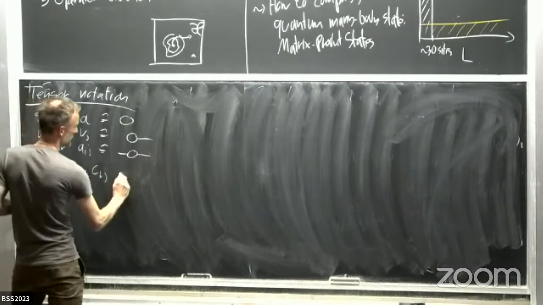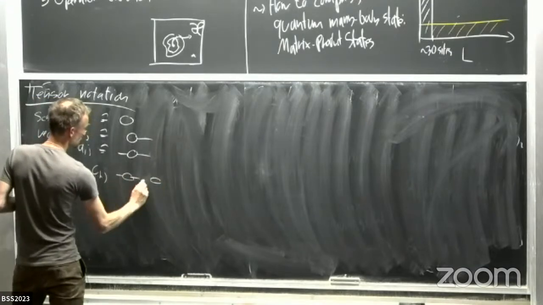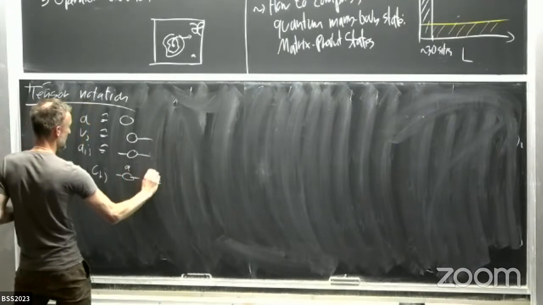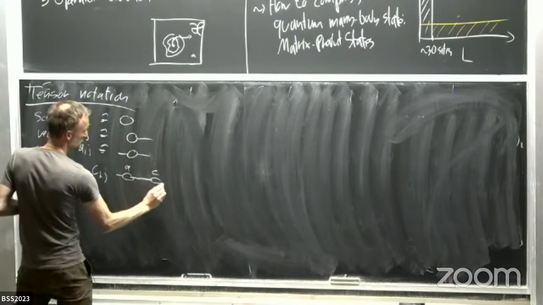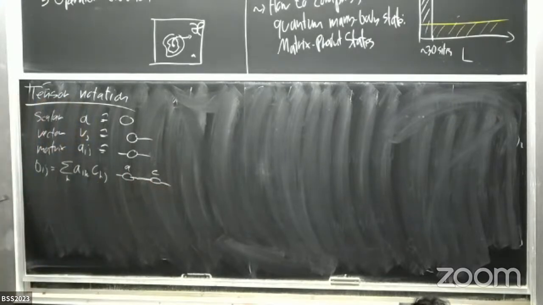Then this would correspond to just having the two blobs. This one here would be A, this one would be C, and I'm just merging the corresponding legs. Right? So this is exactly the same as what was used in these random circuits. But now I can use the same language to represent my matrix product state.